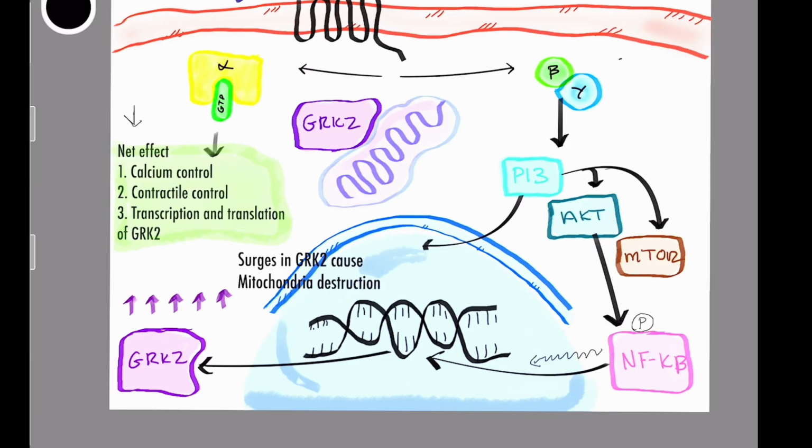And if there's no gas in the tank for contraction, we aren't going to have contraction, and then you're going to have failure. So not only is the ATP necessary for cyclic AMP production, but we also know that with the alpha stimulatory pathway, if we have a contractile control pathway and we want the heart to increase contraction, if there's no ATP, it's not going to be able to bind to the myosin heads and create contraction.